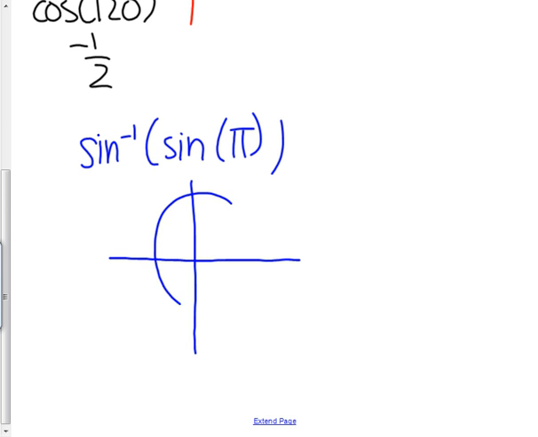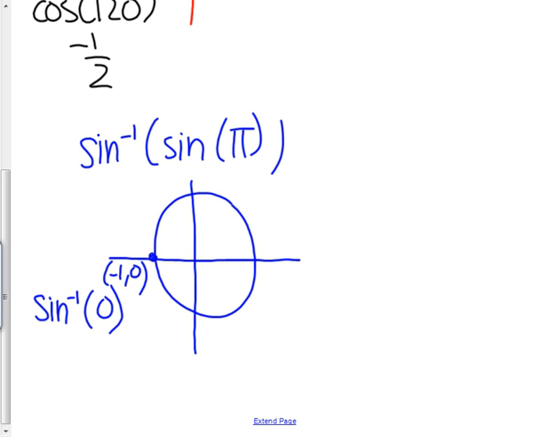Okay. So, here's pi. Do you have a question? No? Okay. So this point is negative 1, 0, right? So sine at pi is what? 0. So now our new problem becomes sine inverse of 0.